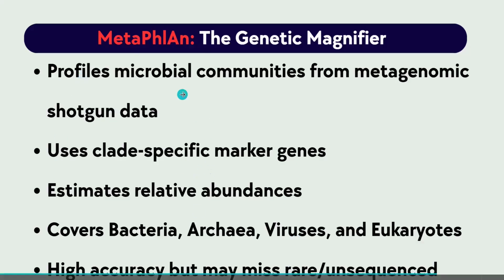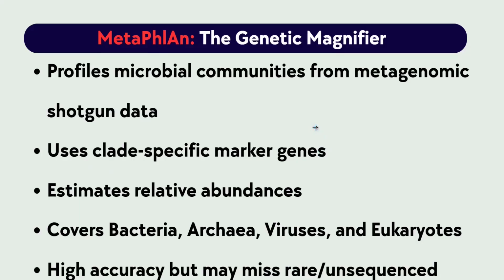Regarding the key features, the first one is that MetaPhlAn profiles microbial communities from metagenomic shotgun data. This means that it tells you what microbes are in your sample using the DNA from all the organisms, not just bacteria like 16S sequencing. The second point tells us that MetaPhlAn uses clade-specific marker genes.